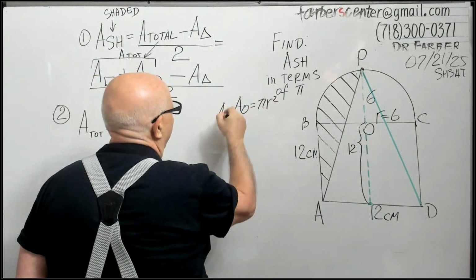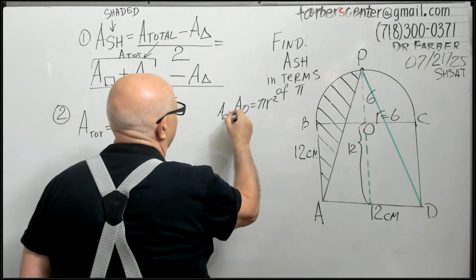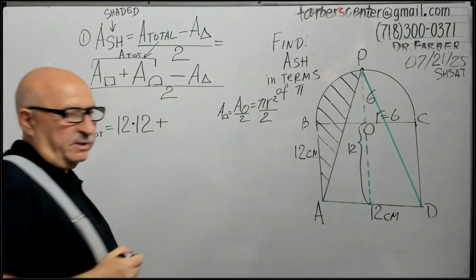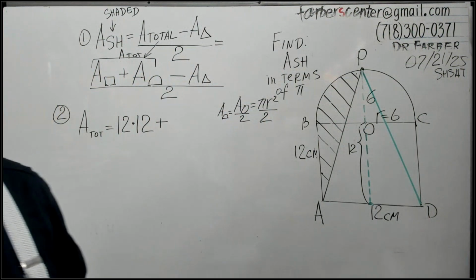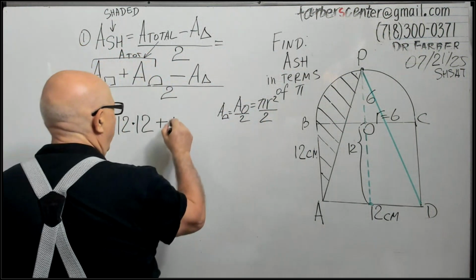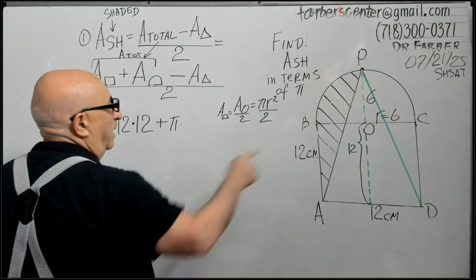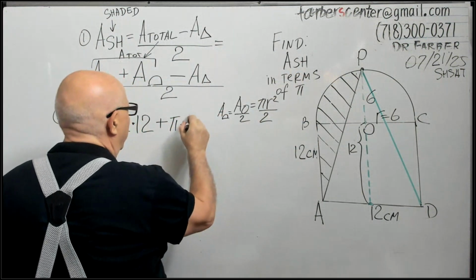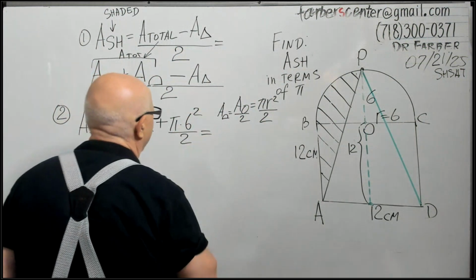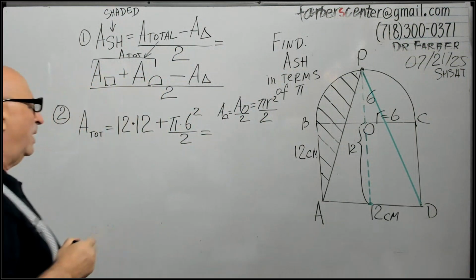If you want to find area of semicircle, you have to divide it by 2. Understand this step? Good, hands down. So plus pi times 6 to the second power and divide by 2. Any questions?